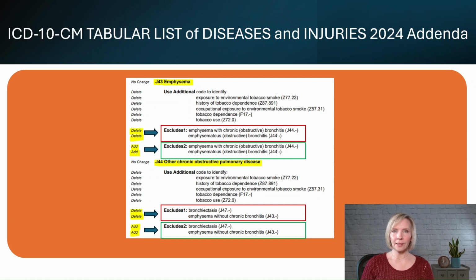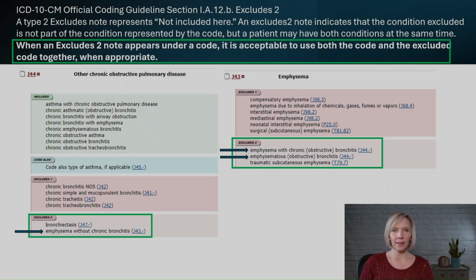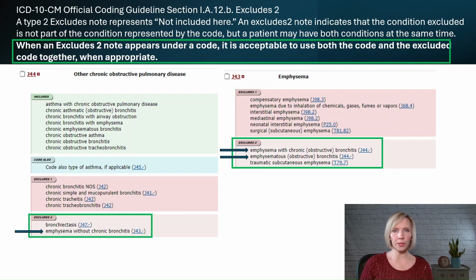This means that it is now permissible to assign both the code for emphysema and the code for COPD exacerbation or COPD with lower respiratory tract infection together in order to accurately capture the clinical picture. This is because an Excludes2 note means that it is acceptable to use both the code for the condition being referenced and a code for the condition listed in the Excludes2 note together when appropriate.